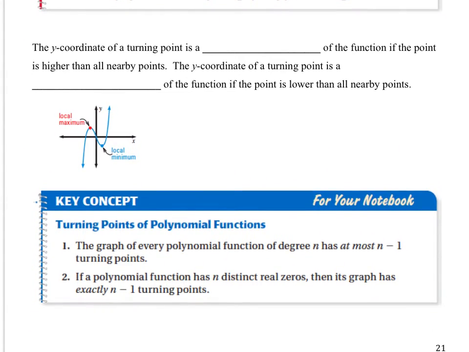It says the y-coordinate of a turning point is going to be a local max. So it's a local max of the function if the point is higher than all nearby points.